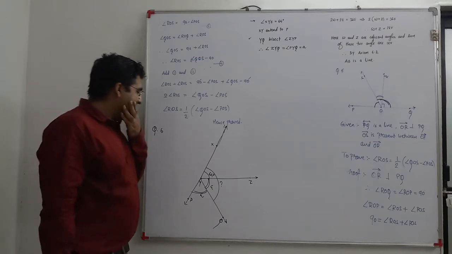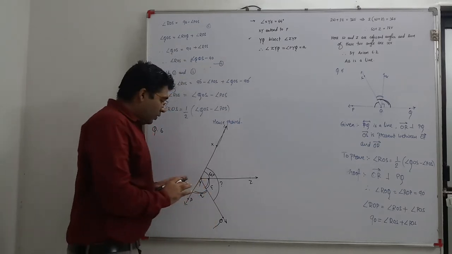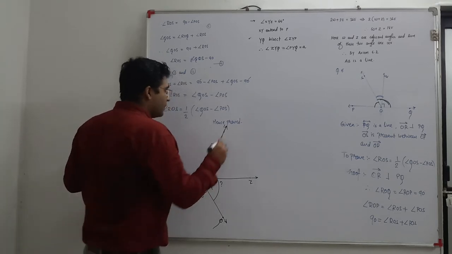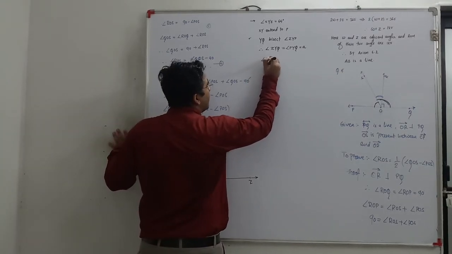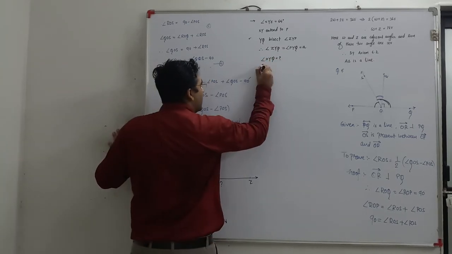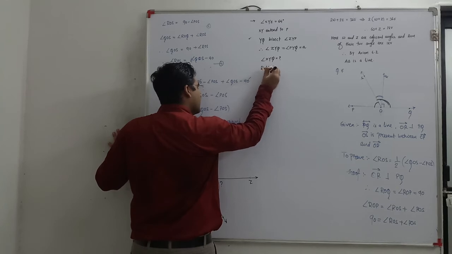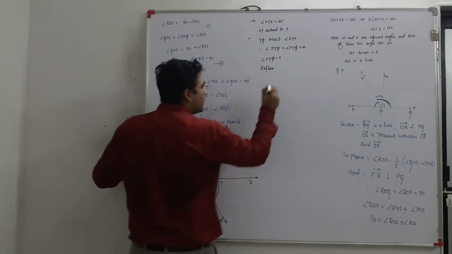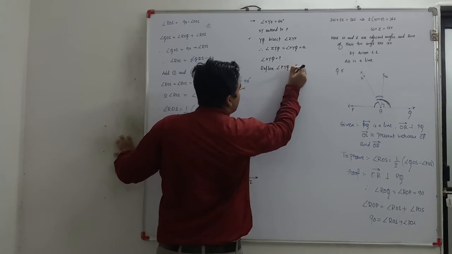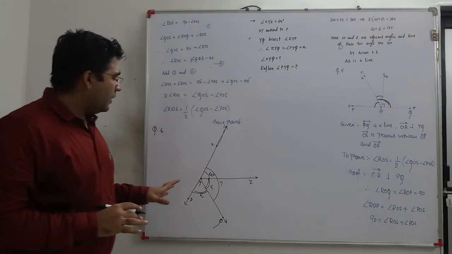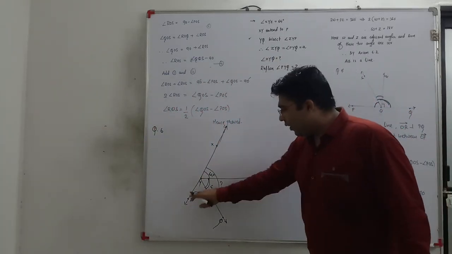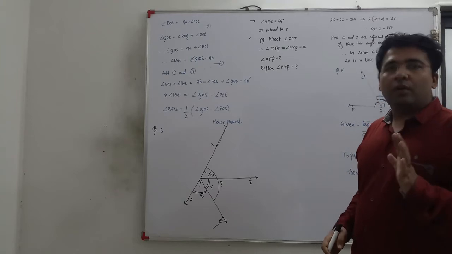Clear? Now I need to find, first, angle XYQ, and second, the reflex of angle PYQ. If I get any one angle, that is angle ZYQ or PYQ, I can solve the whole question.